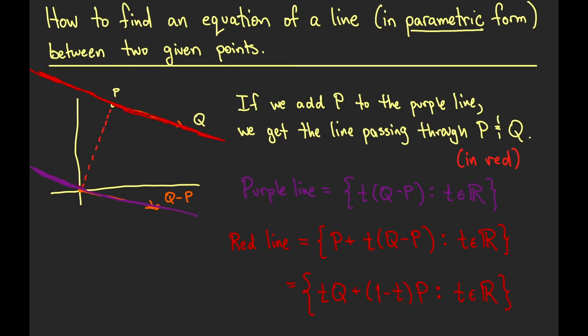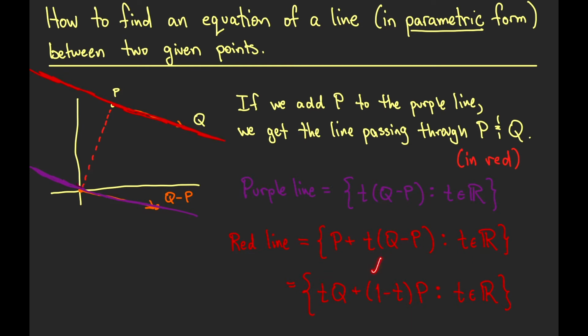If we translate the purple line by P, that is add P to this set, so look at the set of all points P plus scalar multiples of Q minus P, then we get this red line, which is exactly the line that we wanted to find. So the red line is the set of all points that have the form P plus t times (Q minus P) over all real numbers t.